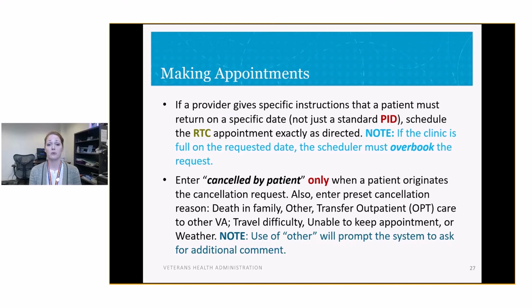And you have to overbook if necessary. You don't have to ask the doctor at that point if you can overbook, because 1230 says that that's what has to be done if specific instructions are given. Now, as a professional courtesy, you may want to go back to the provider and say, hey, did you know you already had somebody scheduled in that block? But per the scheduling business rules, you have permission to do it.